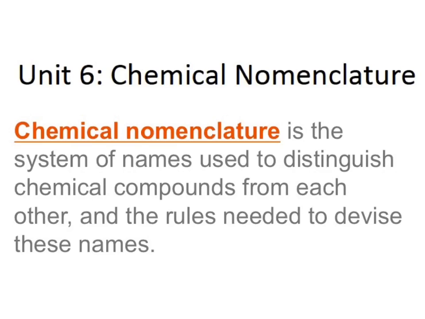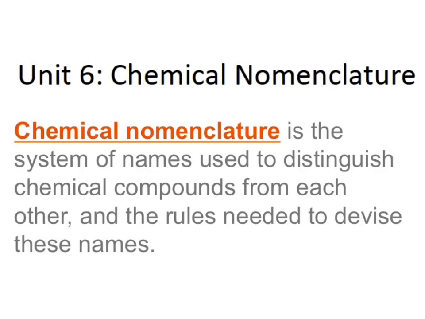Okay? So, chemical nomenclature is a system of naming compounds. That's it. We have 4 or 5 different types of compounds, and there's going to be rules for each type of compound.